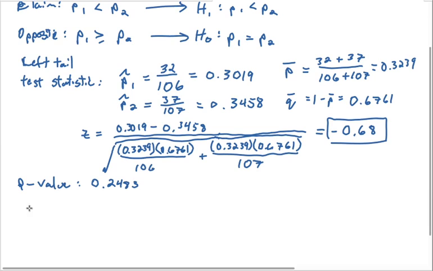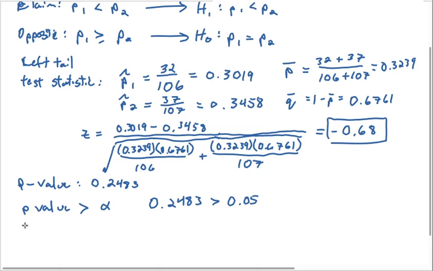So we know the p-value is greater than, let's call this alpha, my significance level, and numerically that is because 0.2483 is greater than 0.05.